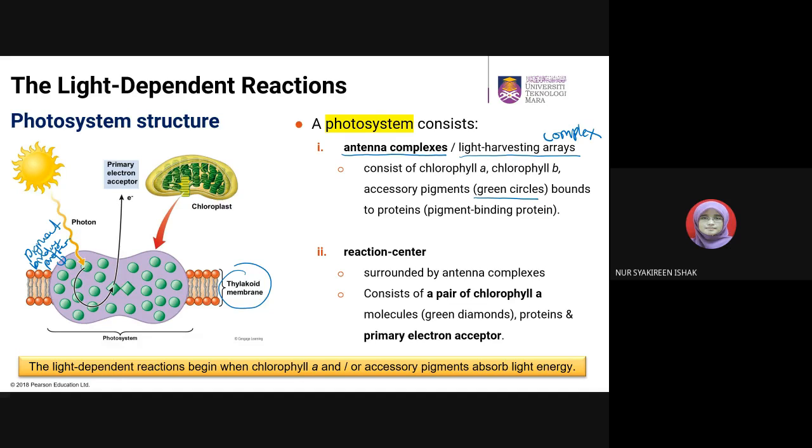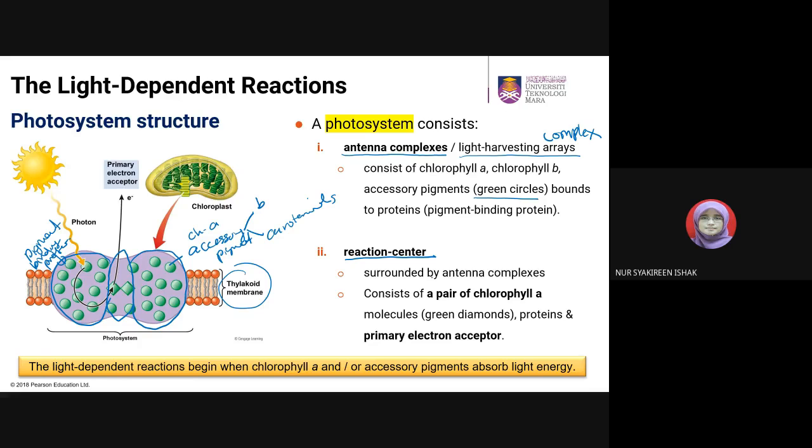Another component of the photosystem is the reaction center. The reaction center is in the middle, and at the sides is the light harvesting complex. The light harvesting complex has accessory pigments: chlorophyll A, chlorophyll B and also carotenoids. In the middle we have the reaction center.